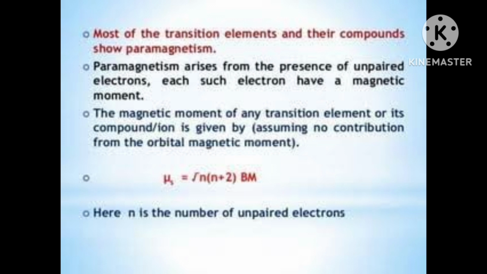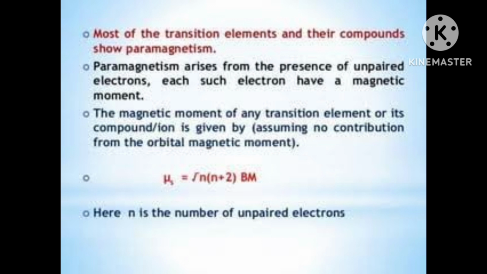Paramagnetism arises from the presence of unpaired electrons. In d orbitals, you know that unpaired electrons generally will be in d orbitals.